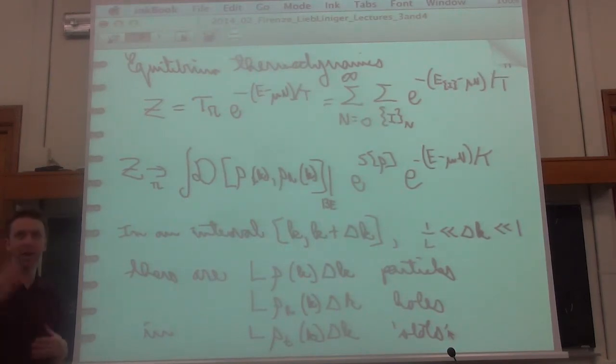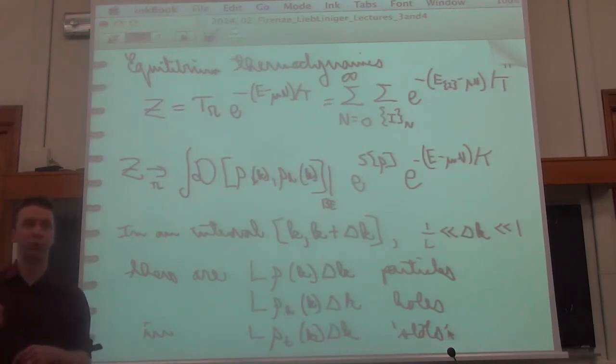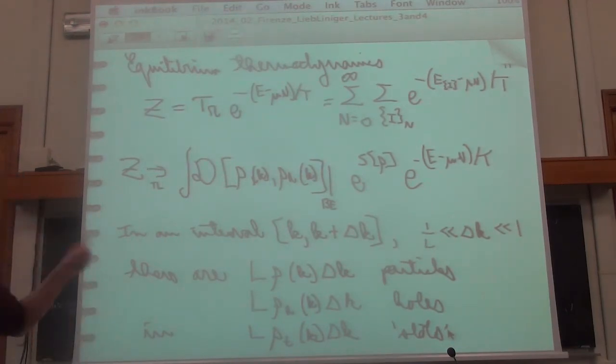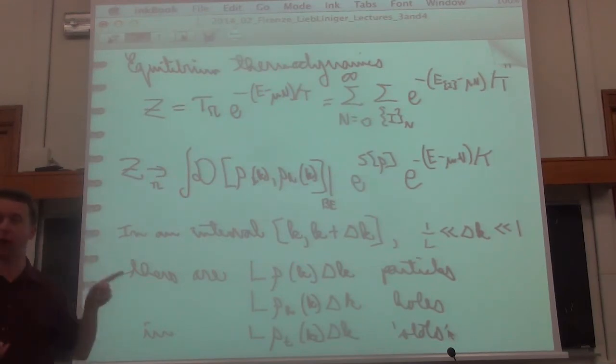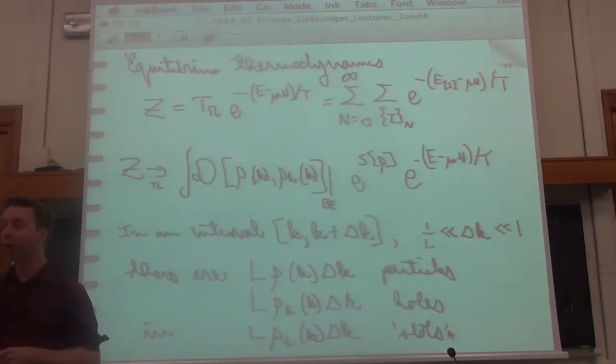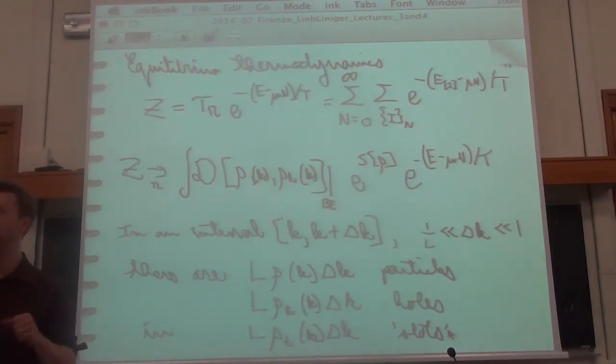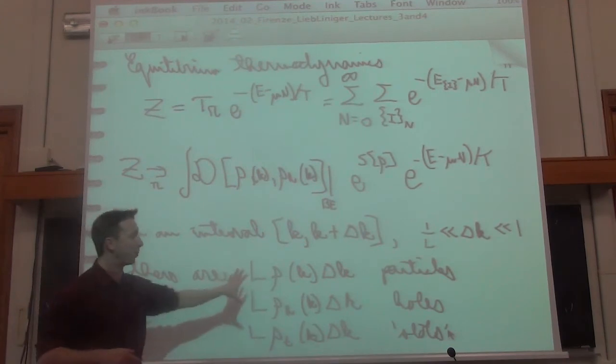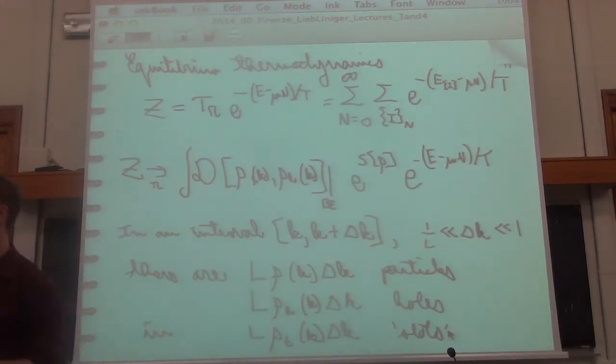And now the statement is that as far as the thermodynamic properties are concerned, and I emphasize this is not true for many things. For example, if you wanted to compute correlation functions, this is a thing where people have stumbled in the past. It's not true if you do things like correlation functions. But if you do things like equilibrium thermodynamics, then you can pack together all states that are only related to each other by permutations within these boxes delta k.